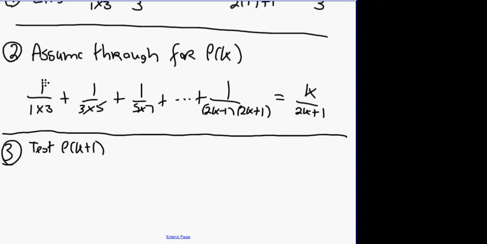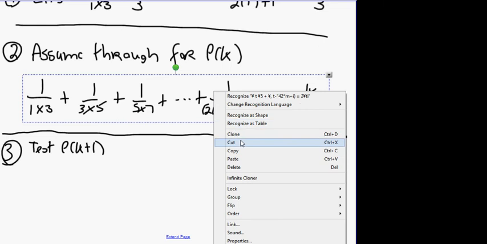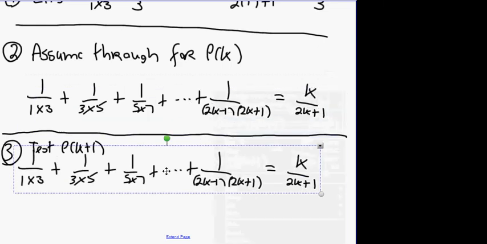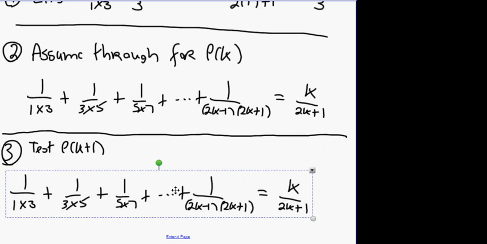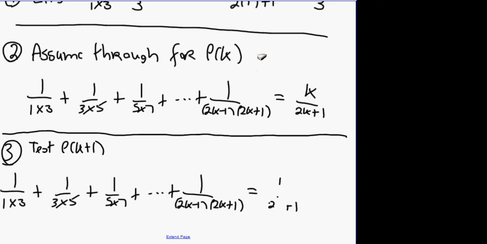So what we have here, just going to copy this part here, clone even. There we go. So that's half of what we need here for P of k plus 1. So we're just going to space it in a bit more.